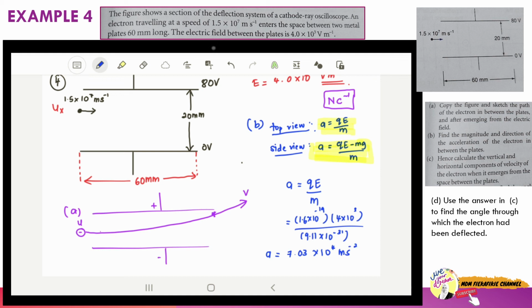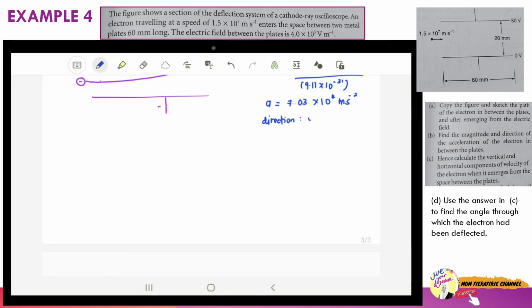So this is the answer. And how about the direction? The direction is upward, since the electron tends to be deflected in the upward direction.